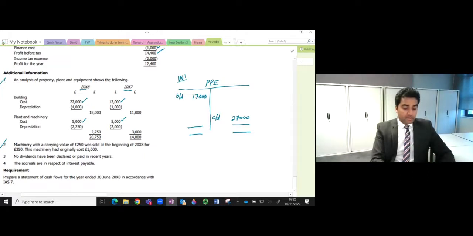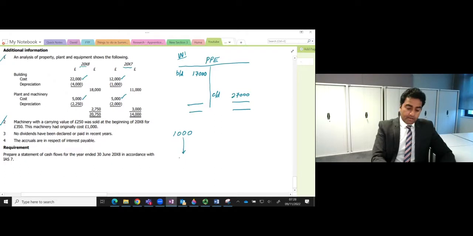It was sold at the beginning of 2008 for £350. This machinery had an original cost of £1,000. So the original cost was £1,000, which was reduced after the depreciation charge for the number of years we do not know, we do not need to know.